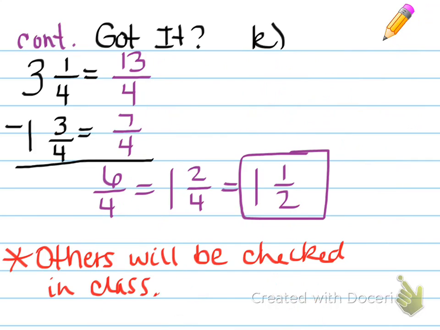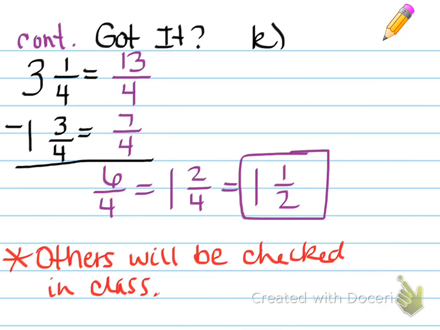Alright, if you'll look at the next page, I worked out letter K, which is 3 1/4 minus 1 3/4. So this time I tried the other method of changing the mixed numbers to improper fractions by getting mad. So I've got 13/4 minus 7/4 would give me 6/4.